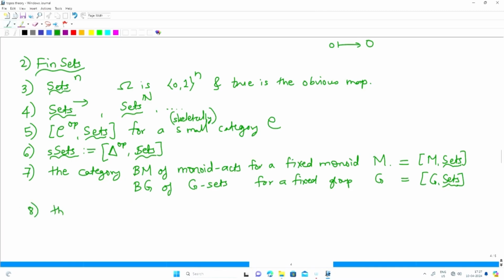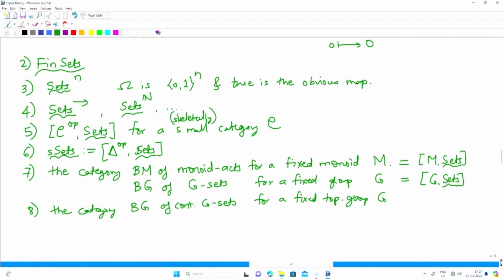But more importantly, the category BG of continuous G-sets for a fixed topological group G, that is also an example of an elementary topos. So what is the meaning of continuous G-sets?